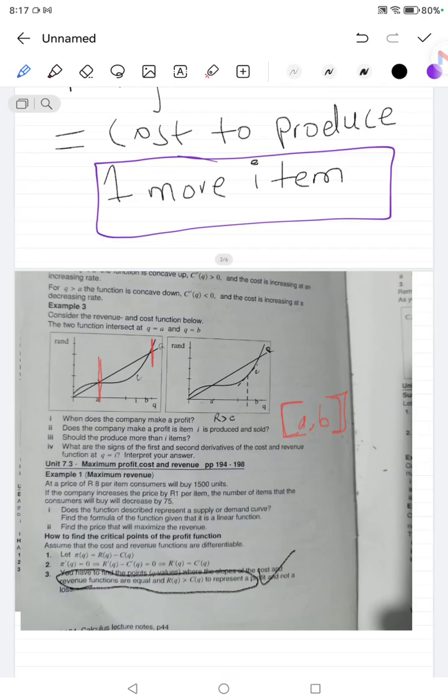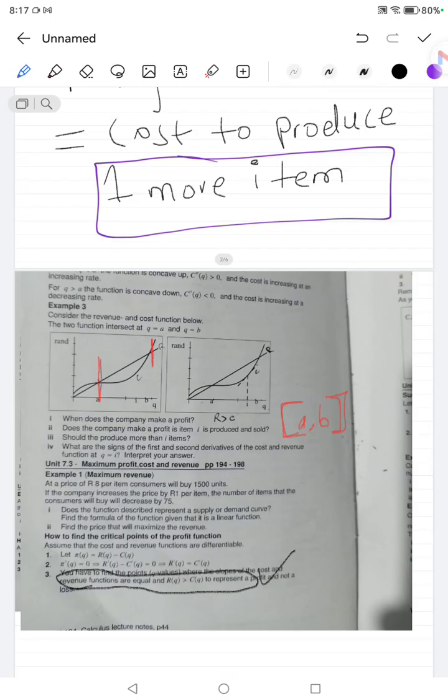So I'm not sure what they're trying to mean, but yeah, if they're already making profit, should the company produce more items? Produce when they're already making enough profit?